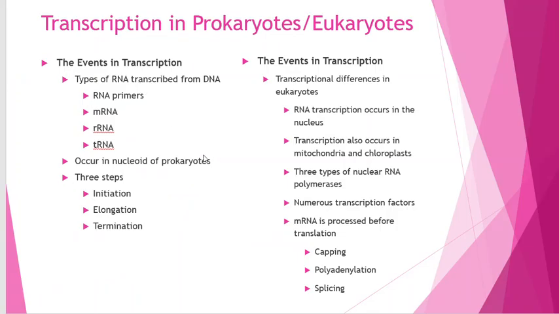Okay, let's go into a little bit more detail on transcription. The types of RNA that we can get from DNA: we get the RNA primers, which we talked about. That's used for replication. We get messenger RNA, which goes out to the ribosomes and gives them the recipe to make that protein.